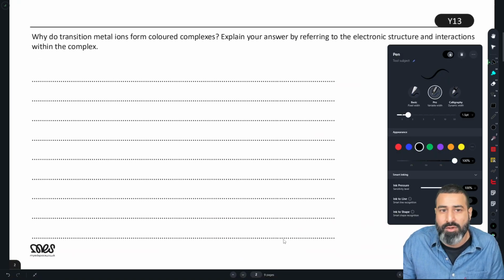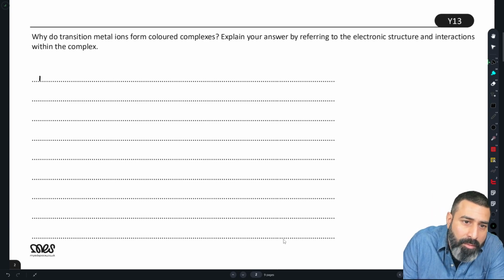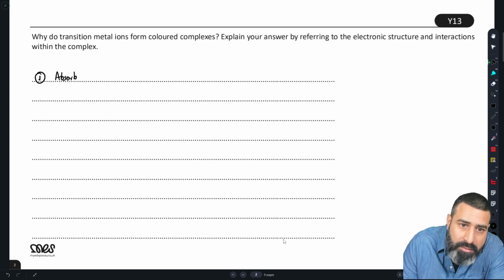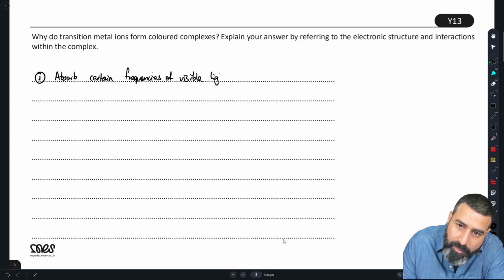How are we going to answer this question? Well, marking point number 1, we're going to say that they absorb. We can say wavelengths or frequencies. They absorb certain frequencies of visible light.